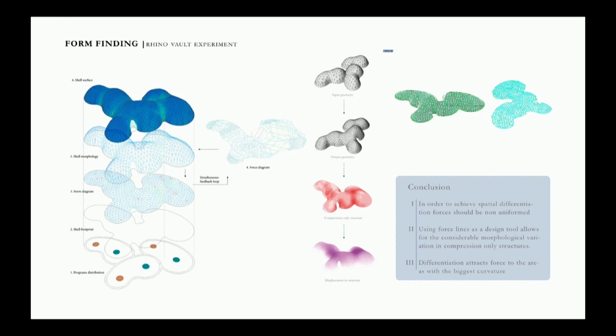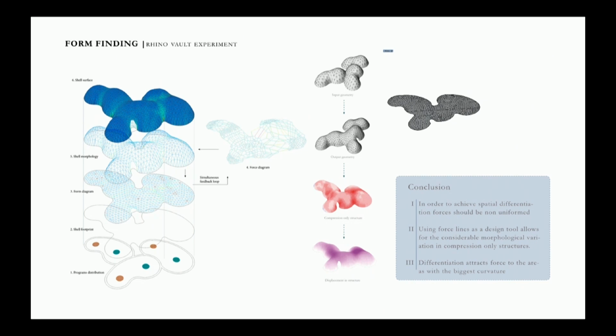And basically the shape is created by manipulating the force flow equilibrium, as you can see from the video. And the morphology of the shell is changing simultaneously, giving us the design outcome which we are aiming to achieve.